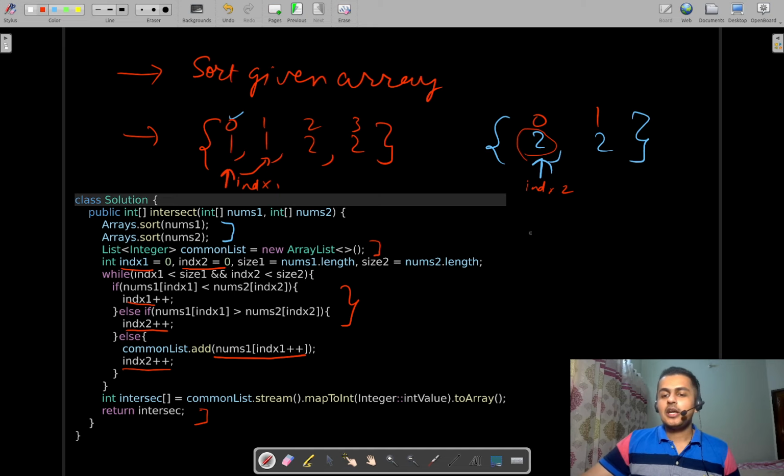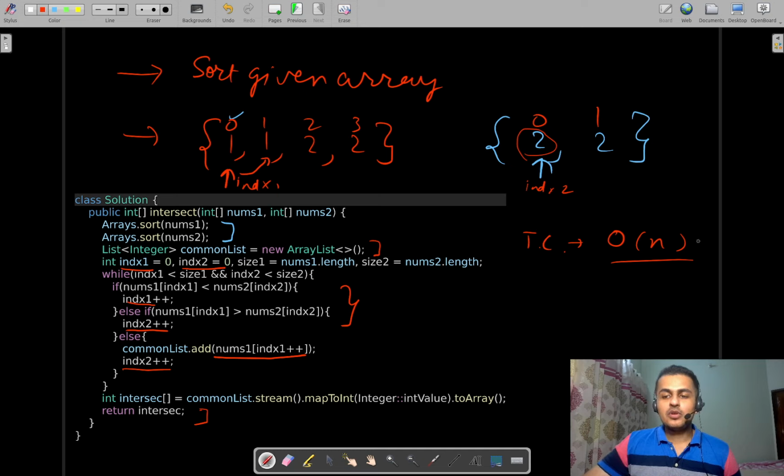As far as the time and space complexities are concerned, time complexity wise, if we are not considering the sorting, if the arrays are already sorted, then it will take order of n time.